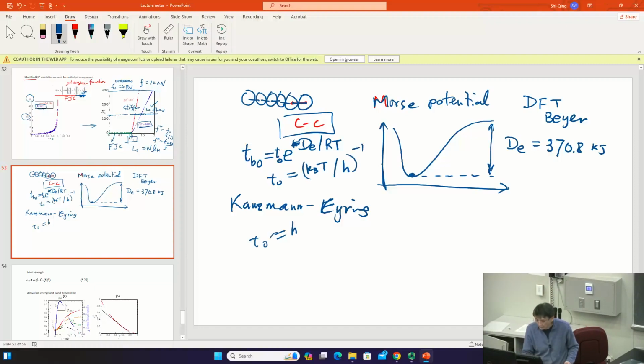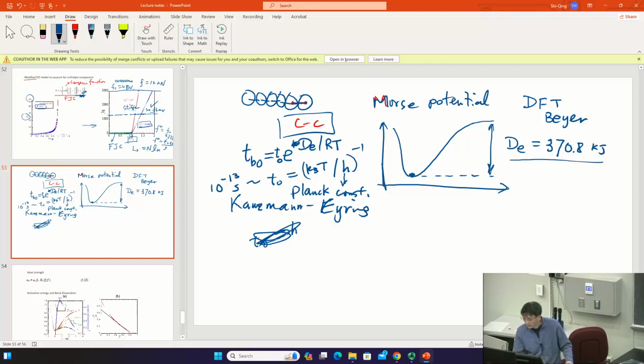I think that's the only way that I can get the units right, because this H is nothing but Planck constant. Planck constant times frequency has the unit of energy. So this expression essentially is an expression of a ratio of two energies. In any event, if I'm right, I don't have time to calculate for you. This T0 is something around 10 to the minus 13 second.